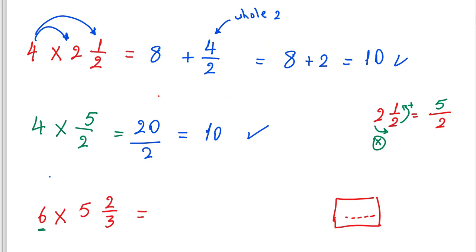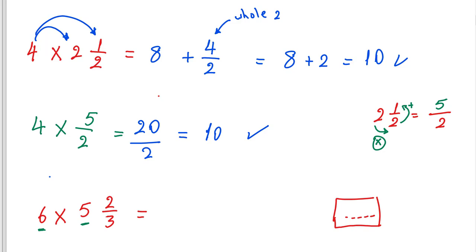What is 6 times 5? Yes, Ahmed, what is 6 times 5? 30. Yes, so this is 5 and 2/3 more. So the answer should be more than 30. So your answer is not reasonable.